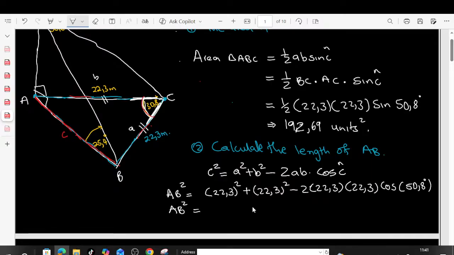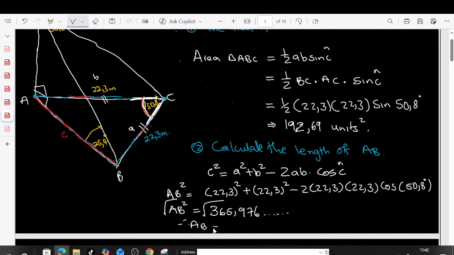This gives me 365.9762. So now if we round this off, we need to take the square root of both sides to find the square root of the answer.